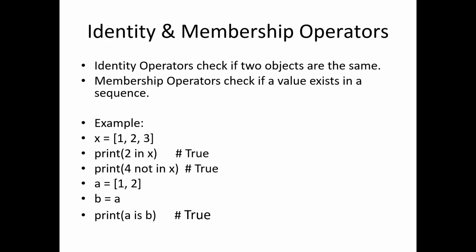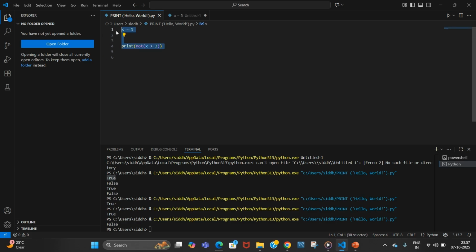Membership operators are in and not in. They check if an item exists inside a sequence like a list or string. Example, we can try to run this in code here. We have x = [1, 2, 3], already defined.